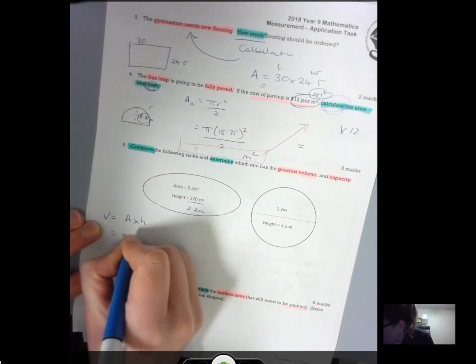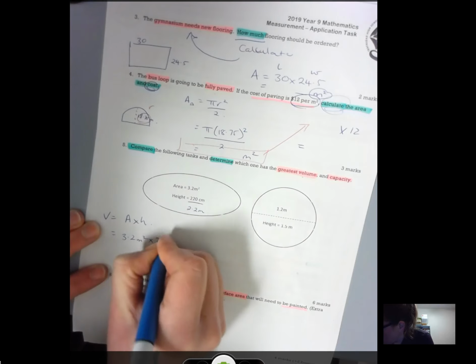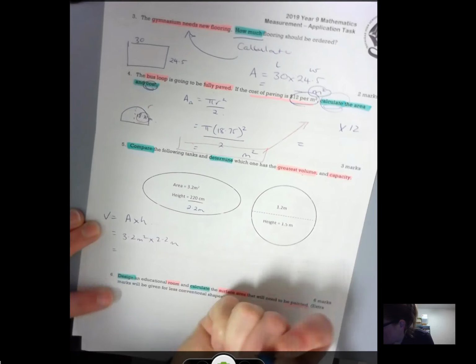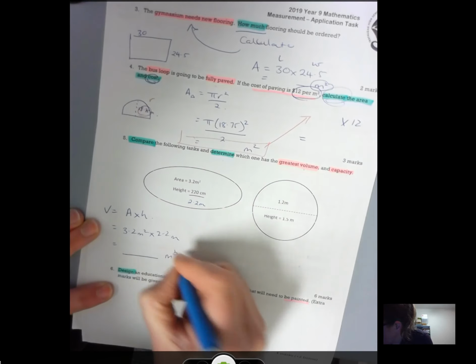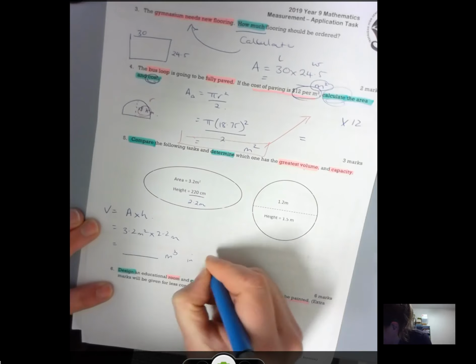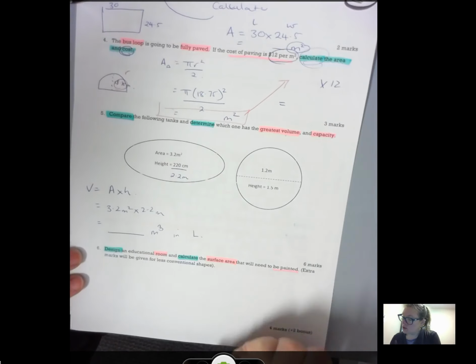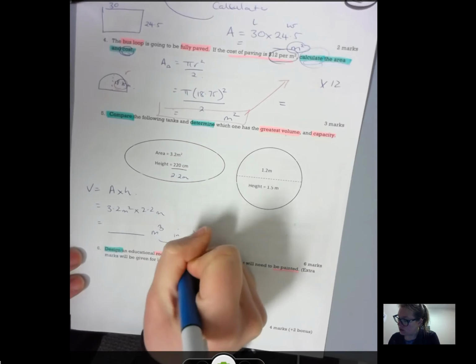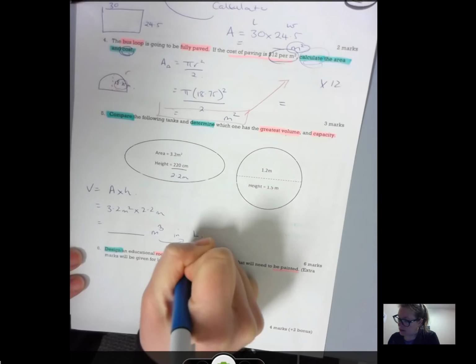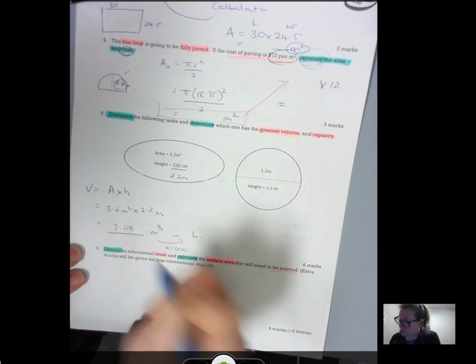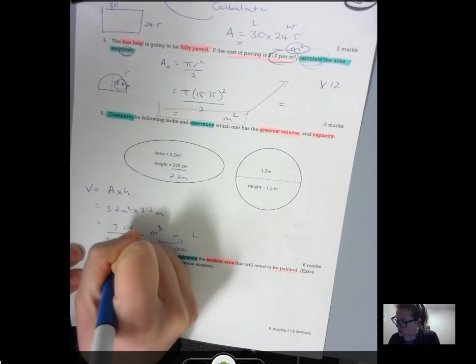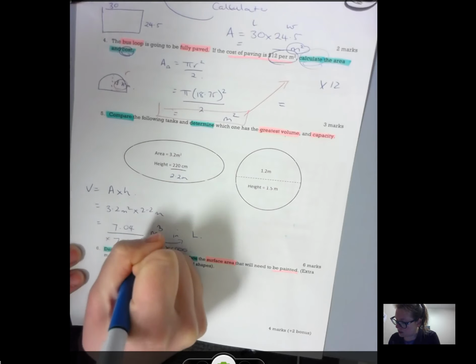So 3.2 meters squared times 2.2 meters gives you your answer. You then had to change that from meters cubed into liters. And in order to do that, you needed to multiply by 1000. So 7.04 times 1000 gives you 7040 liters.